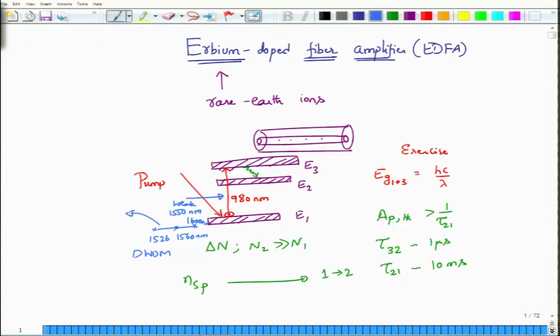So this band from 1500 to 1560 is normally called the conventional band of communication, or the C band communication, whereas the range from 1560 to 1600 is called the long wavelength band or the L band. Of course, today it is not just the erbium doped fiber amplifiers which are used to amplify signals in C band.